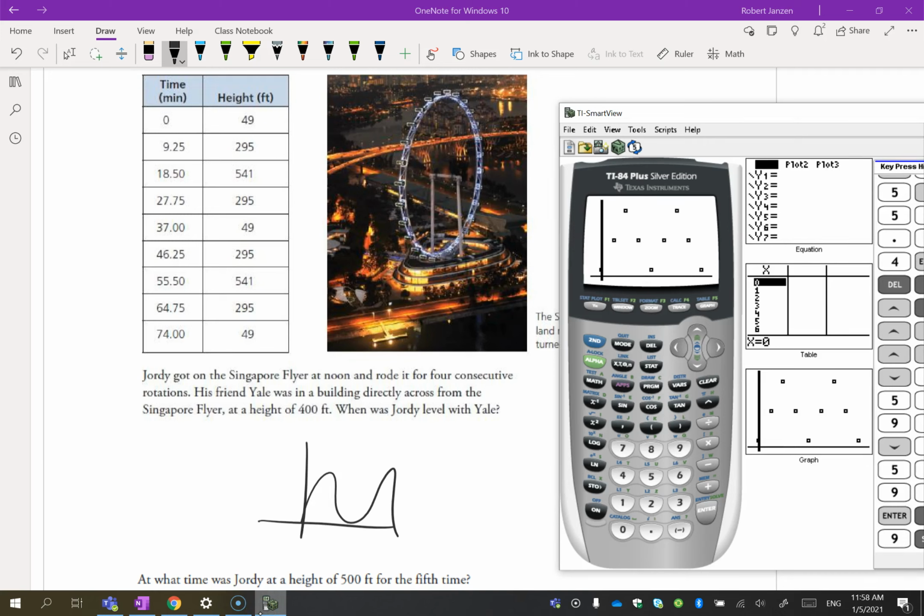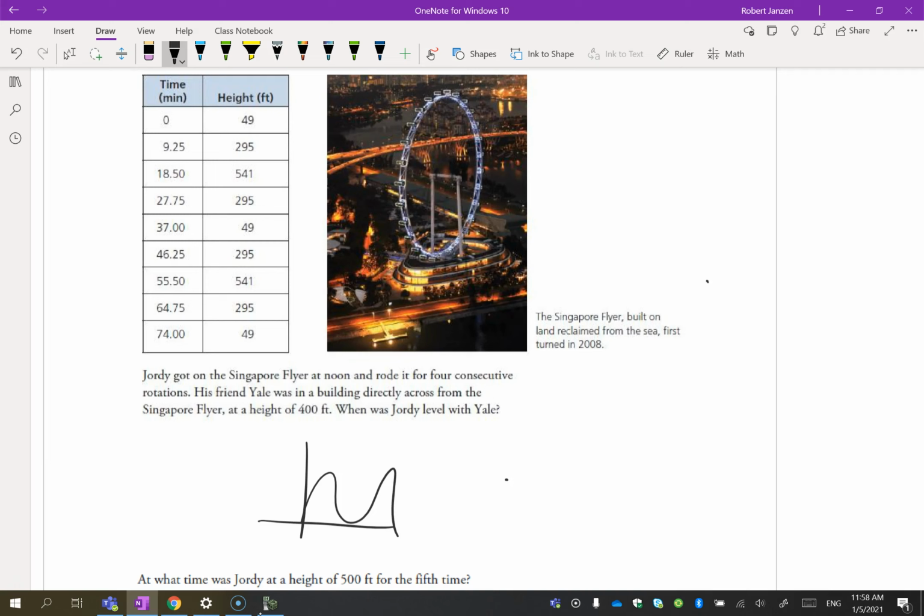It says his friend Yale was in a building directly across from the Singapore Flyer at a height of 400 feet. When was Geordie at that height? You can see that this goes up to 541 feet. If this building over here is 400 feet, they want to know when is it the same height. So how are we going to do that?